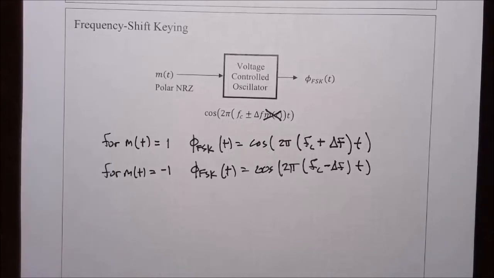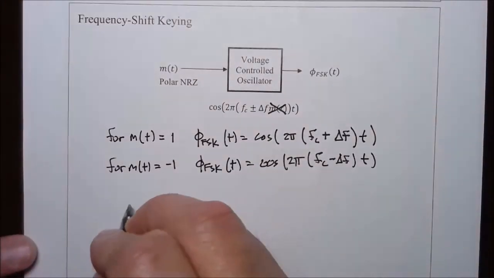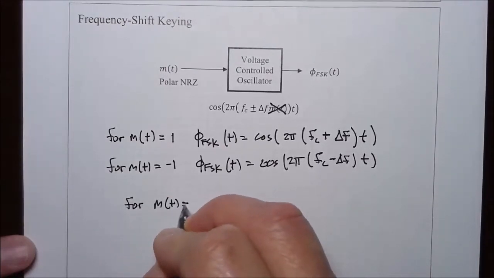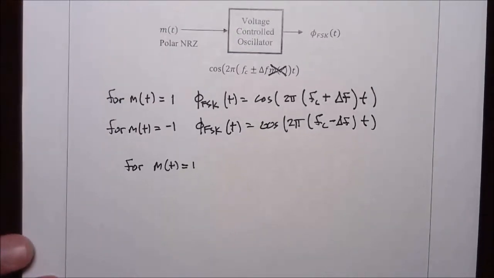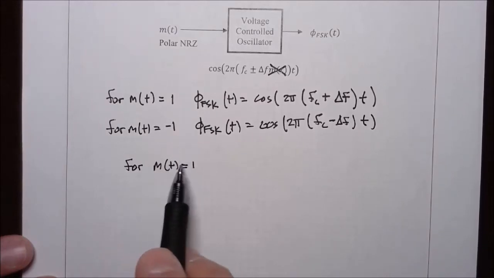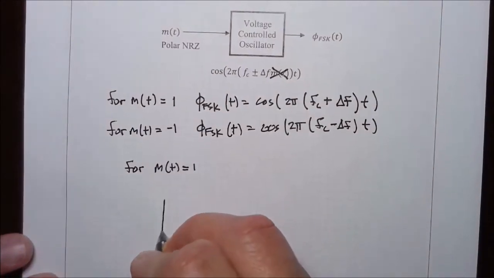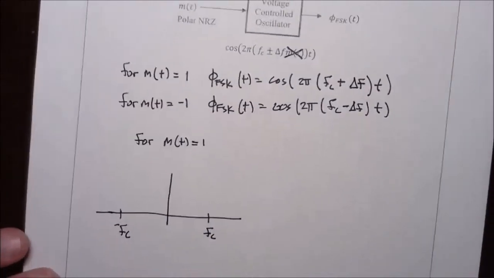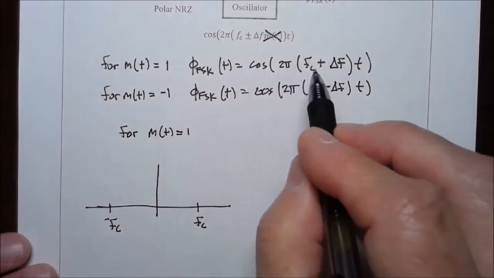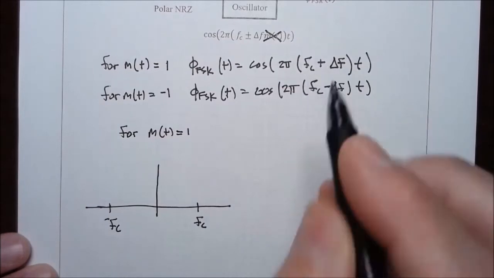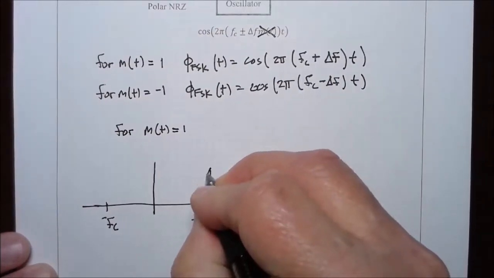If we look at the spectrum of the frequency modulated signal, if we kept the message signal equal to 1, this is plus and minus the carrier frequency. The modulated signal would be at the carrier frequency plus delta F, so it would be a delta function.